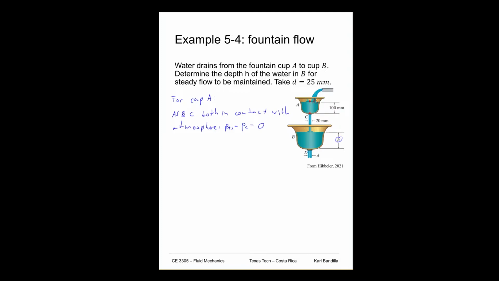Then let's think about, we said this is going to be steady flow, right? So that means that the water level in this cup doesn't change, right? It says it's 100 millimeters, so it's not going up and down. What does that mean? That means if I think about my streamline going downward here, right? If this was my streamline, then I know the velocity going downward here at the water surface is going to be equal to 0 because the water level doesn't change, right?